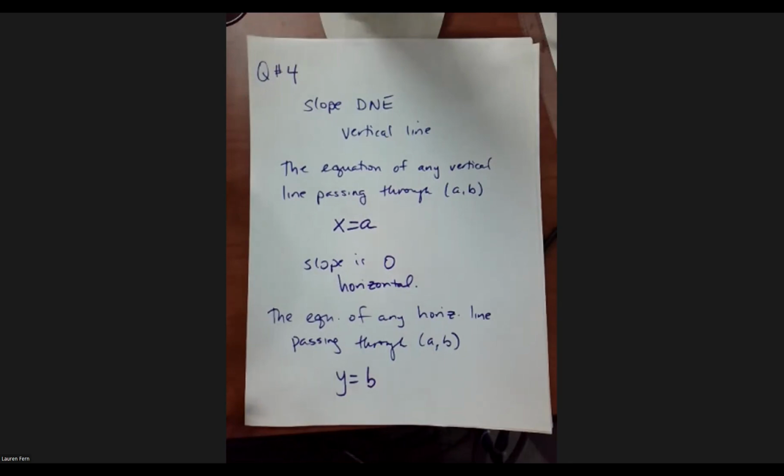So when you have a slope equal to 0, you just take y equals whatever that random y value was. Whenever you have a slope that's undefined, that's a vertical line, that's totally free fall. Sounds pretty scary to me. And it's always x equals the x value.